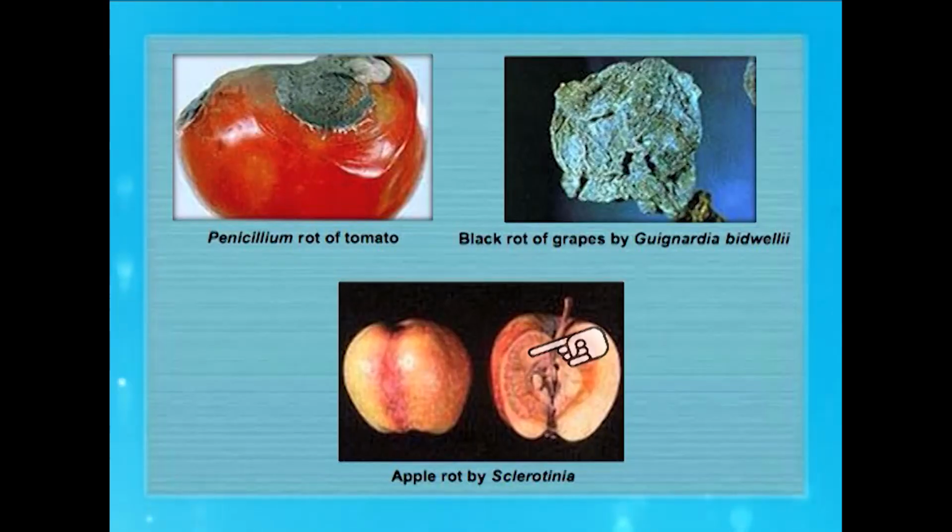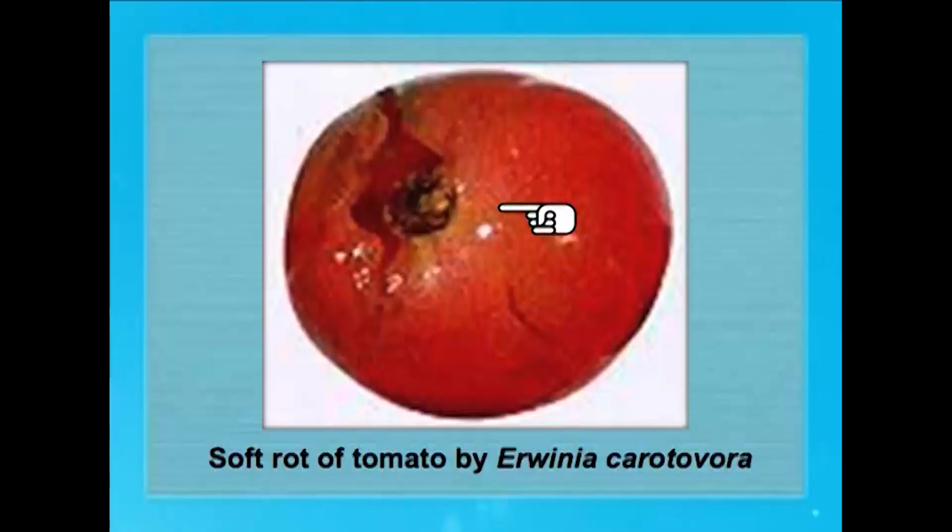All these diseases can destroy the food material, including different fruits, reducing their shelf life. Not only fungi, there may be some bacteria causing soft rot, like Erwinia carotovora causing the soft rot of tomato, which produces an enzyme, polygalacturonase, which will destroy the outer skin of the tomato, making it rot more quickly. So it will reduce the shelf life of tomato.